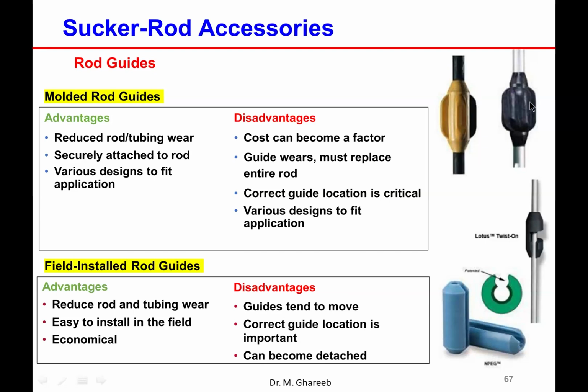I insert something made of a special hard type of material, such as Teflon, nylon, or plastic, different types, which is softer than metals. If there is some erosion, it will be in this part and so on.